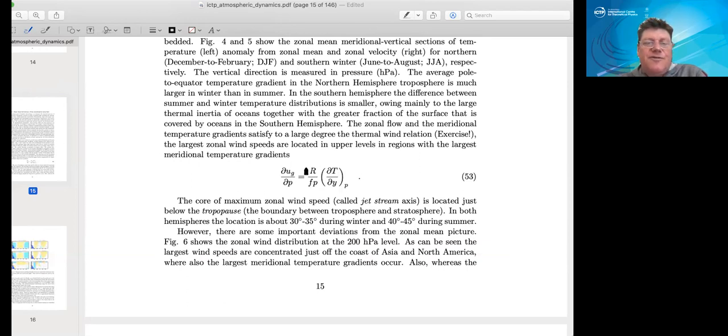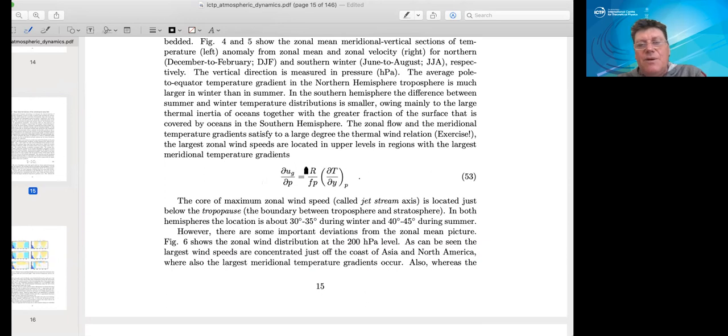And as for all diagnostic equations, you can never say what is the cause, what is the effect. Sometimes a temperature gradient can be the cause for the vertical wind shear, but sometimes the vertical wind shear can be the cause for a temperature gradient. They have to be in a very good balance always.